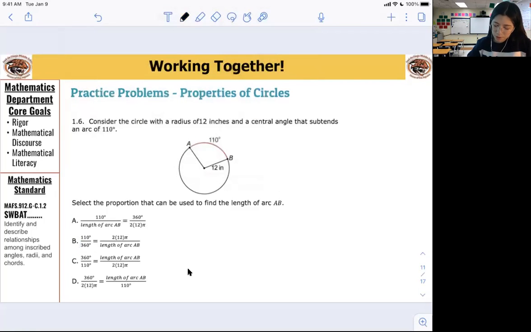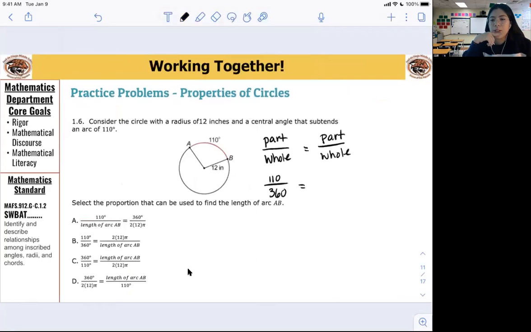So usually we would set up our situation. Remember that you always want to do part over whole equals part over whole. You want to keep it consistent. So part over whole, for the angle measurement, that's going to be 110 over 360. So that's good.